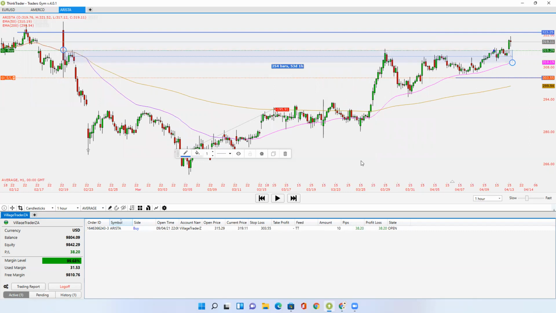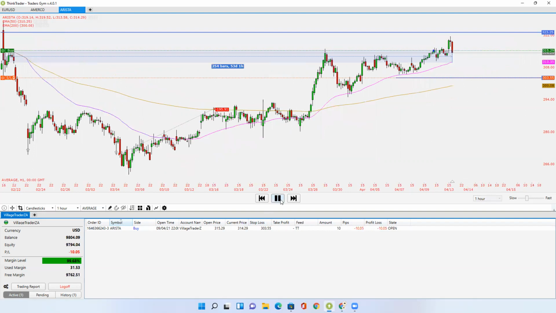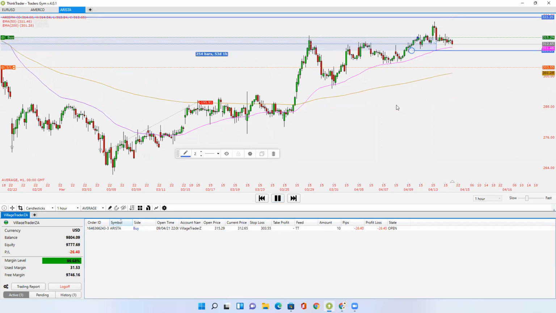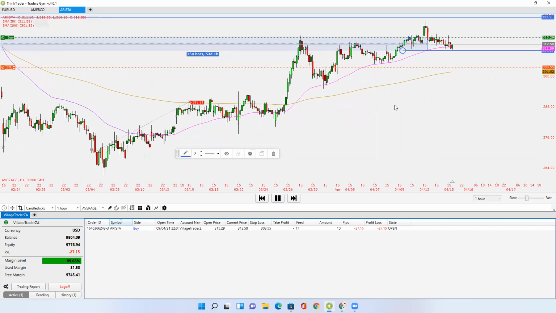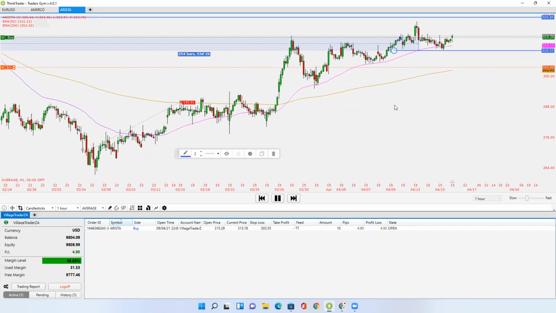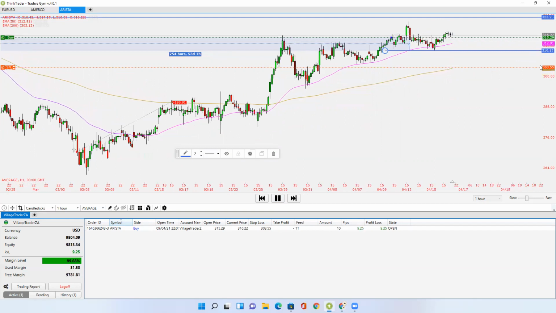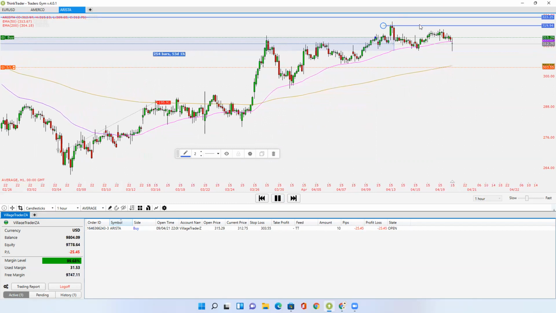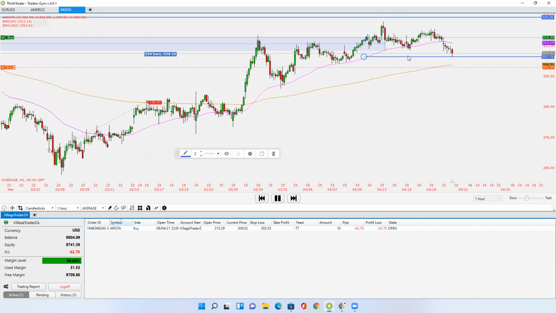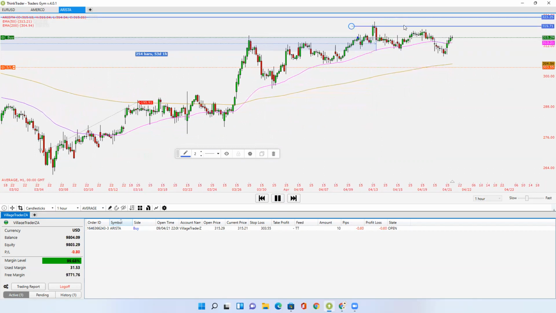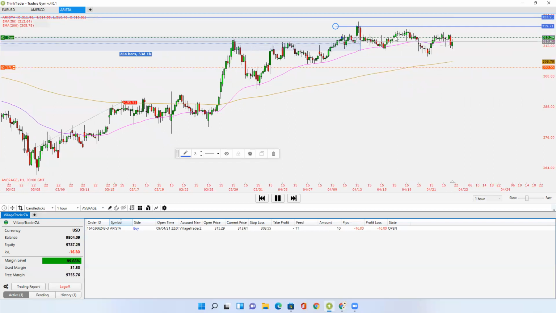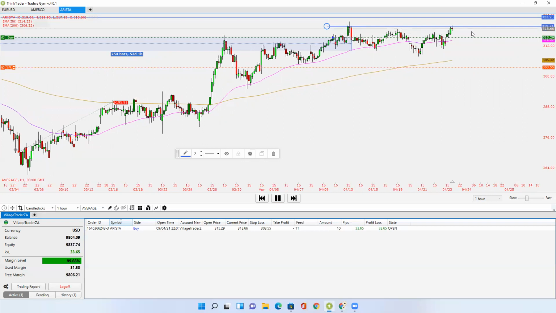You see? Okay. So it's going to be important to us what happens when it gets to that level again. My assumption is that it will turn in reverse, or at least find some selling when it gets there. Also, what happens to this high here. So this becomes the significant level because it's more recent, and the market hasn't gone to that level in a while.